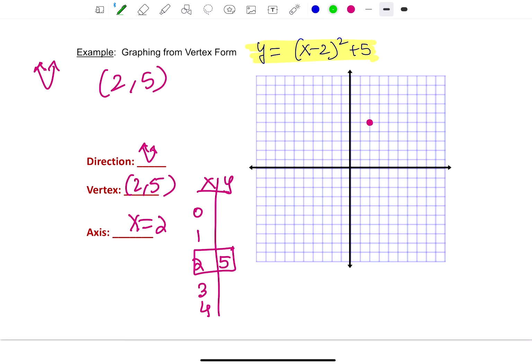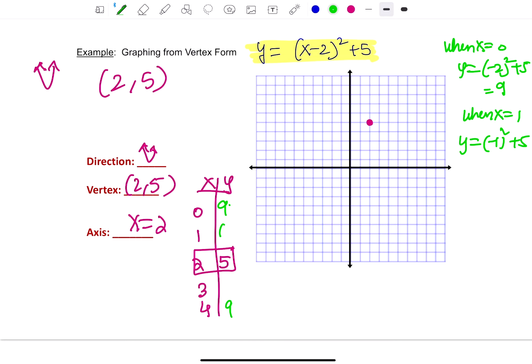When x is 0, y is going to be equal to, let's go ahead and plug in, negative 2 squared plus 5, which is 9. When x is 1, let's see, what is y equal to? y is equal to 1 minus 2, which is negative 1 squared, plus 5, which is 6.